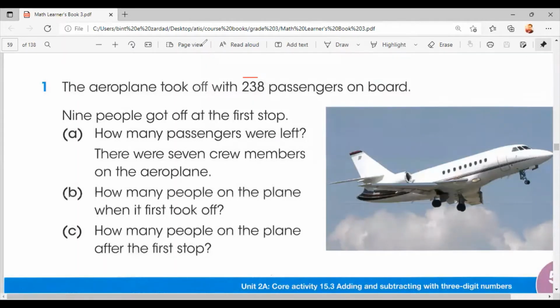Let's write 9 here. Minus it. Is it possible? Not possible. If it's a small number, we take 1 from 3, so it's remaining 2. And here now 18. So 18 minus 9, it's coming 9. We write here 9.